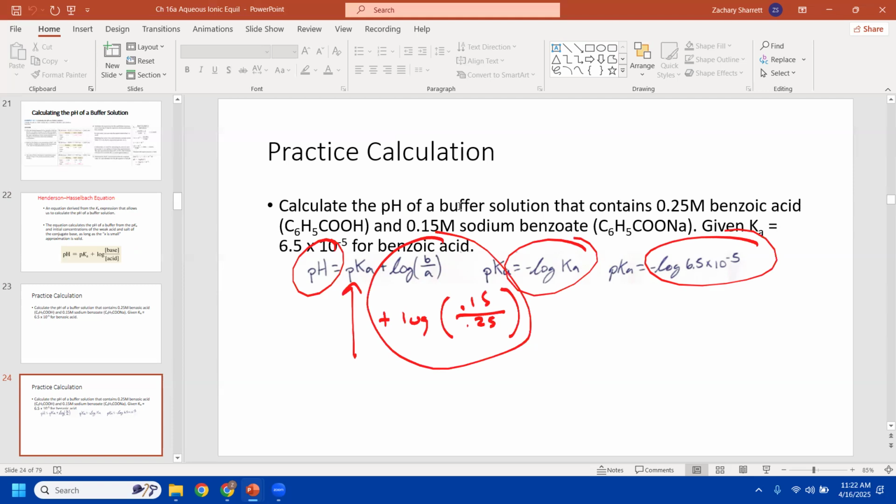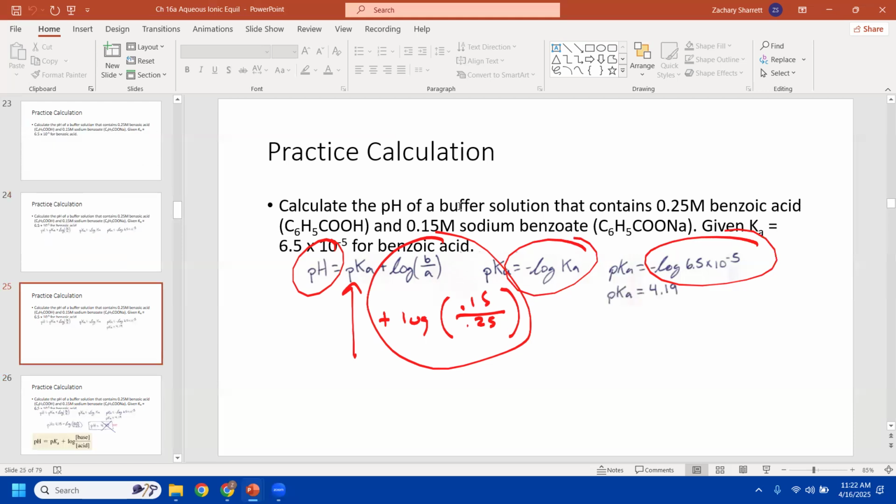Everybody's calculator is different, and it doesn't always work out the best, right? What do we get? 4.19.